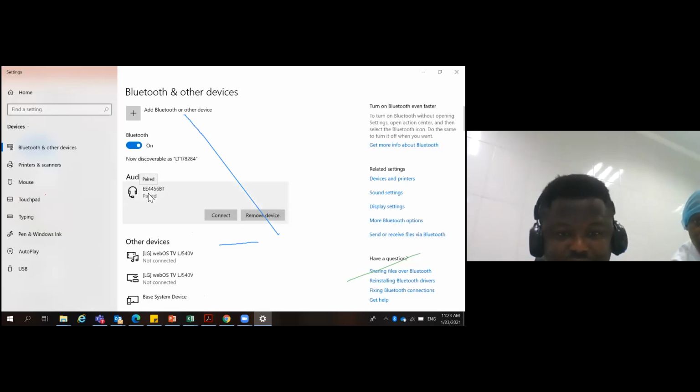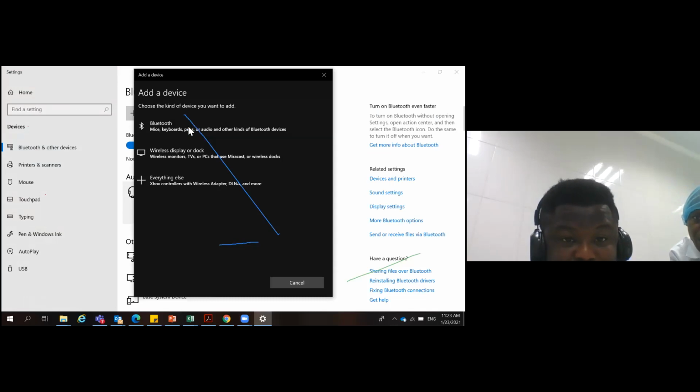Just add a new Bluetooth device. Click the plus button that says add, the one at the top where you have Bluetooth on. Let's see if we can manually add it. So add a device, Bluetooth, yes, that one.